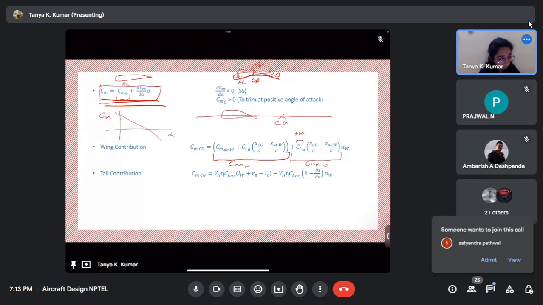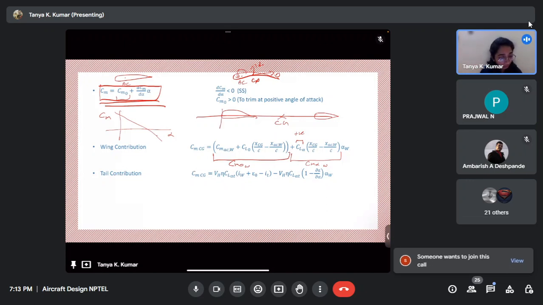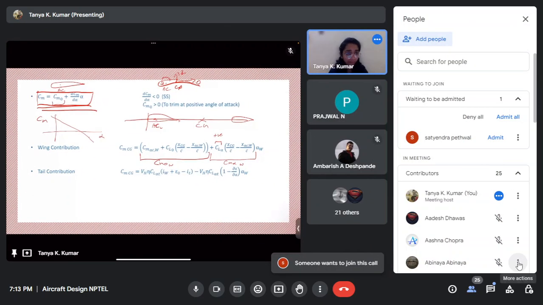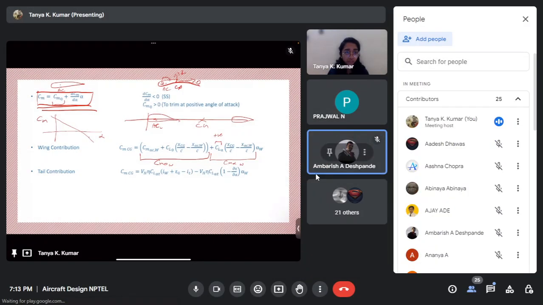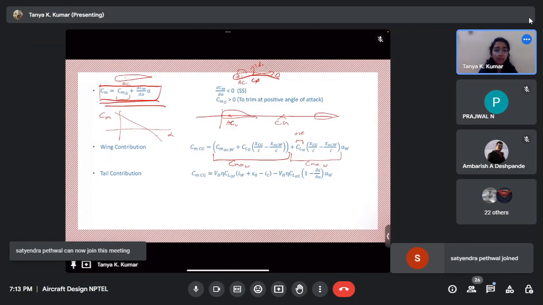This is your CG and this is your tail. The AC is approximately at quarter chord length, so from the leading edge it will be somewhere here. So this is the AC of the wing. So will XCG minus XAC be positive or negative? Positive. Yes. So the entire Cm alpha contribution by the wing is positive.